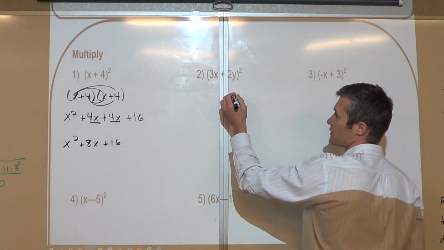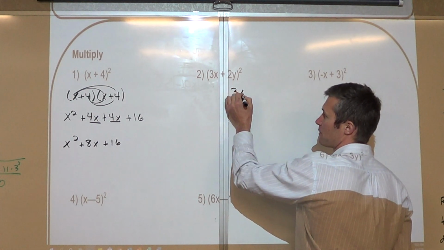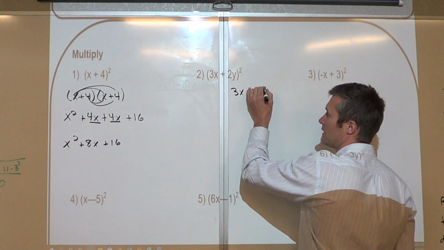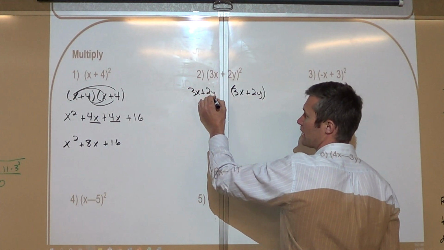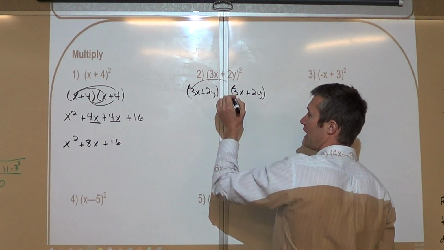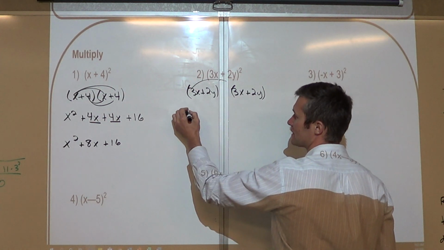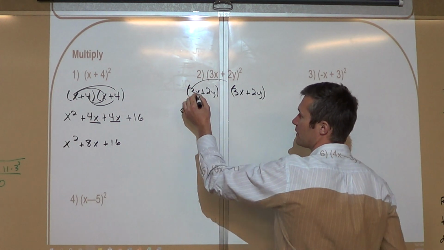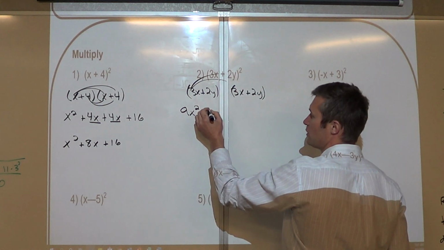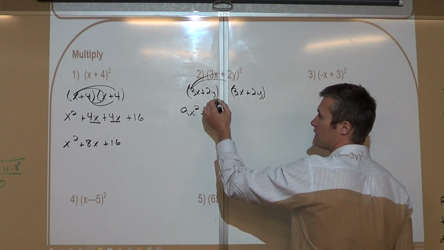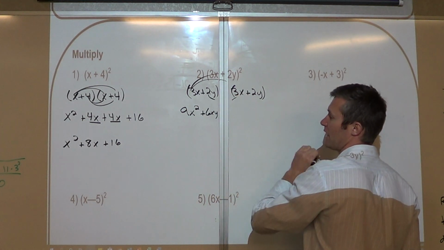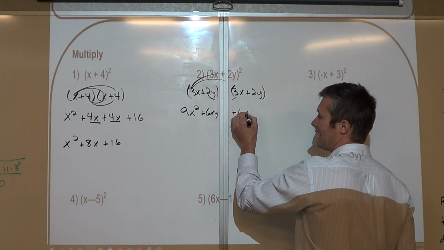Now the next one, that's 3x plus 2y times 3x plus 2y. So 3x times 3x is 9x squared. 3x times 2y would be 6xy. 2y times 3x would be 6xy.